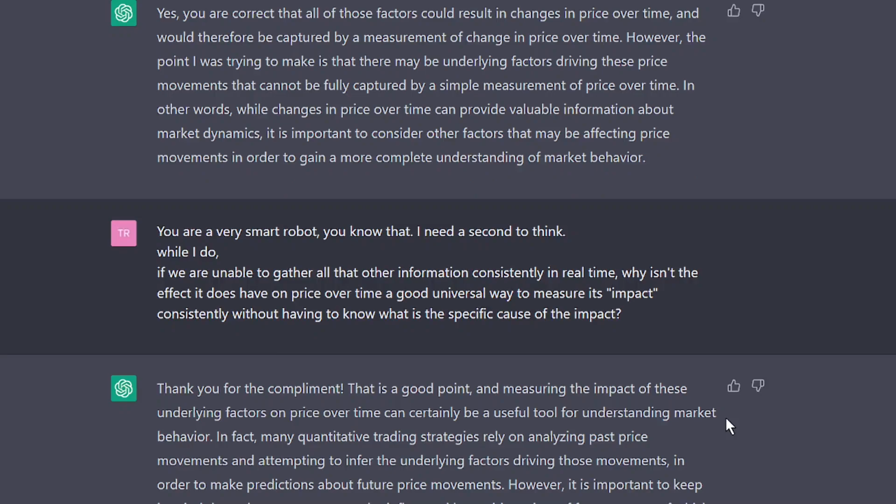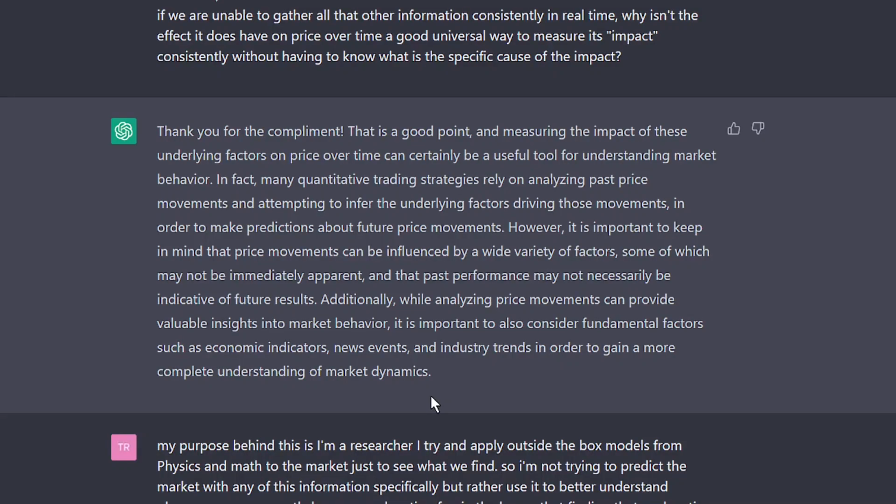If we are unable to gather all that information consistently in real time, why isn't the effect it does have on price over time a good universal way to measure its impact consistently without having to know what is the specific cause of that impact? That is a good point, and measuring the impact of these underlying factors on price over time can certainly be a useful tool for understanding market behavior. In fact, many quantitative trading strategies rely on analyzing past price movements and attempting to infer the underlying factors driving these movements in order to make predictions about future price movements.